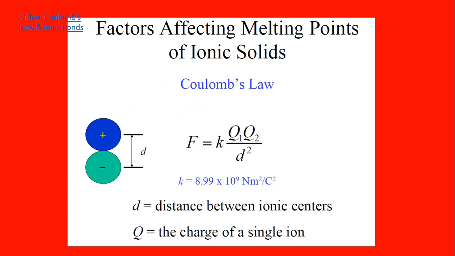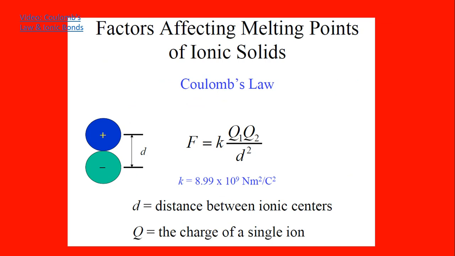Now, there are factors affecting melting points of ionic solids, and of course we go back to Coulomb's law. Remember, Coulomb's law is basically the charge over distance, and k is simply the constant, so we don't have to calculate it again. We just look at the relationship between the charge and the distance.